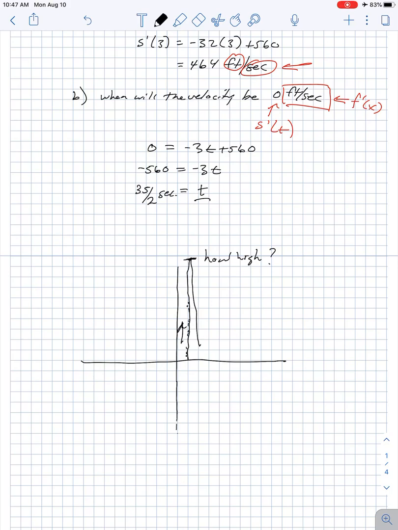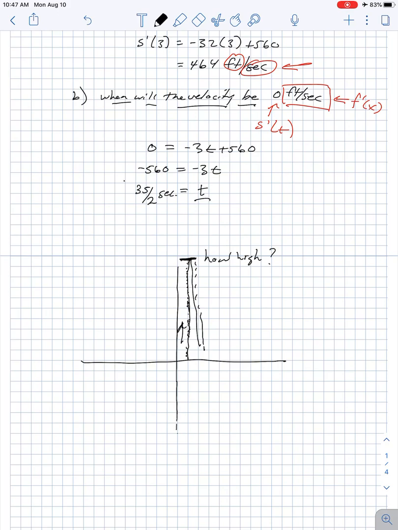It's very fast when it's launched, and then it slowly starts to slow down because of gravity, right? And what happens at the top is it actually stops and then starts accelerating in the negative direction.